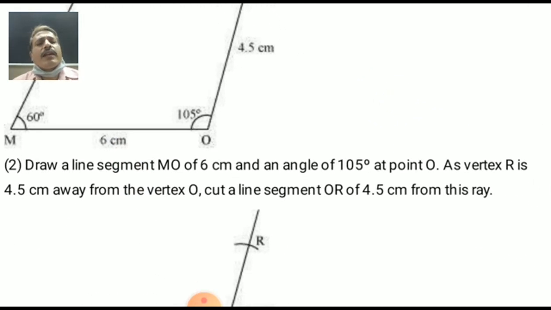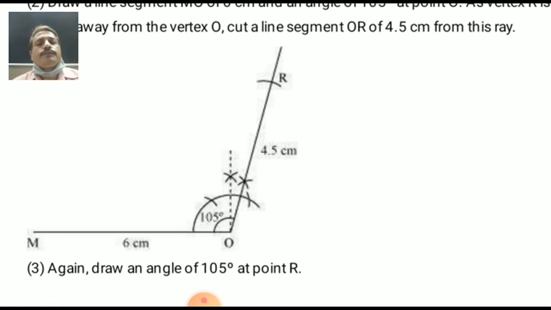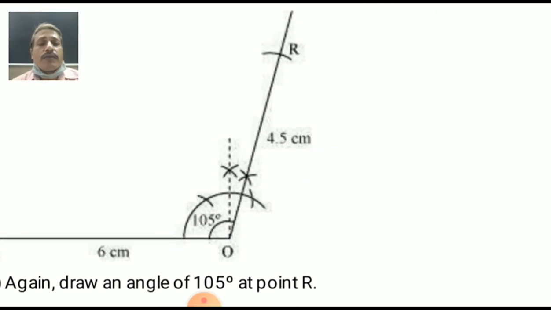Draw a line segment MO of 6 cm and an angle of 105 at point O, as vertex R is 4.5 cm away from the vertex O. Cut a line segment OR of 4.5 cm from this ray. Yes, my dear student, here is the main thing you have to understand.